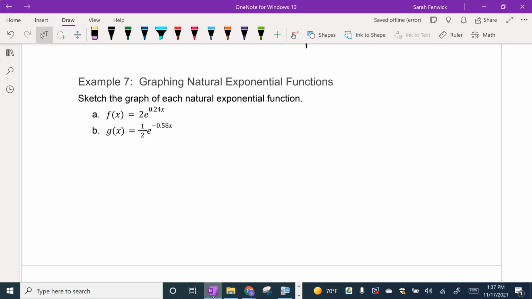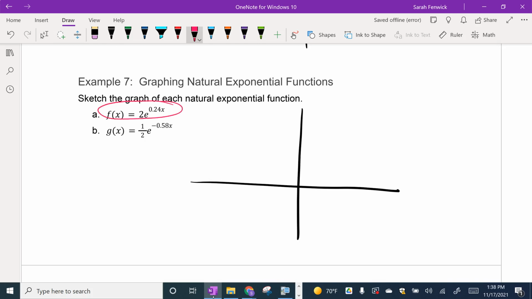Well, looking at my graphs, for the first function, if I plugged in a 0 for x, which is how I get my y-intercept, I would have 2 times e to the 0.24 times 0, which is 2 times e to the 0, which is 2 times 1, which is 2. So we crossed at 2 here, and because it's e to the x, we still came in like an exponential function.